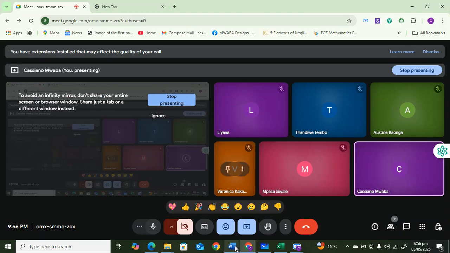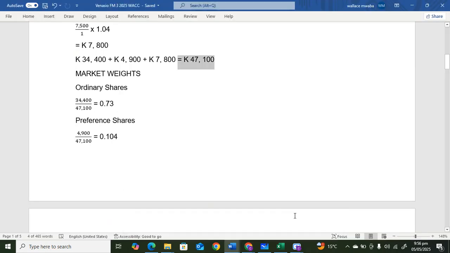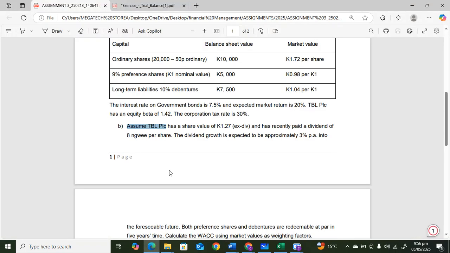So now we've got the weightages. Remember, part B, we have to calculate the weighted average cost of capital. The conditions have now changed. The weightages will still stay the same. What is going to change is how we're calculating our cost of equity, cost of debt, and cost of preference shares.